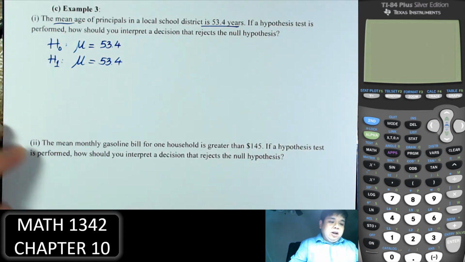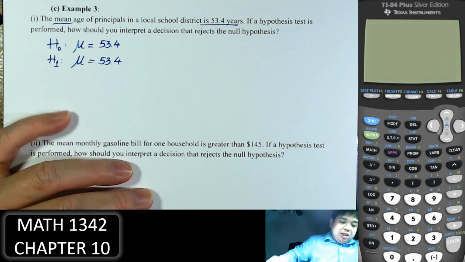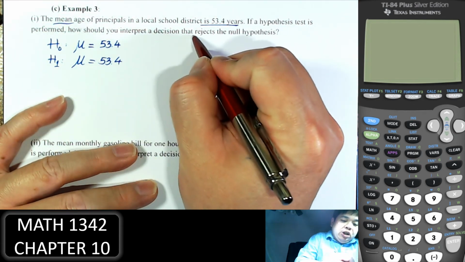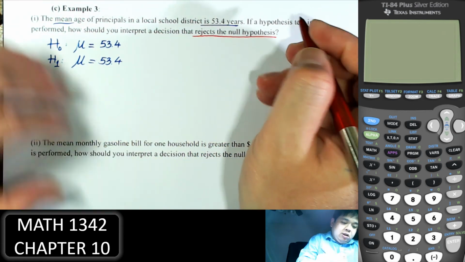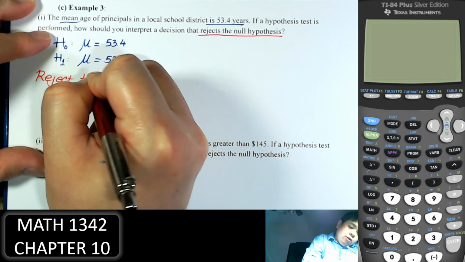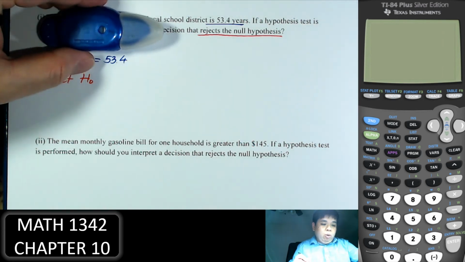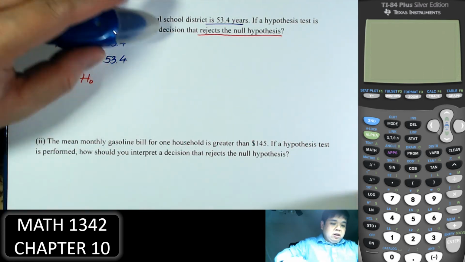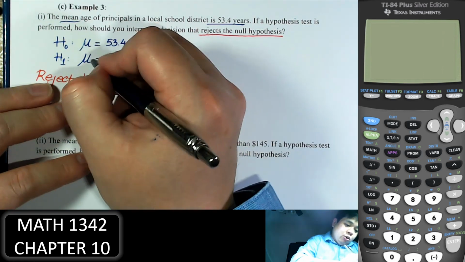Right. Now we say reject the null hypothesis. That means we will go with the alternative hypothesis that this is not equal to.